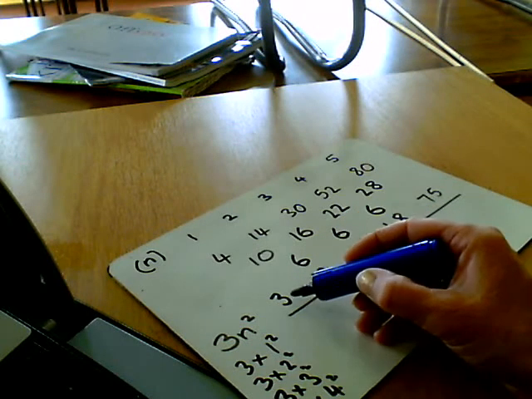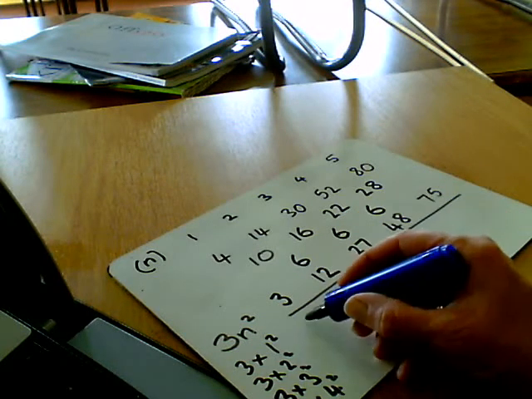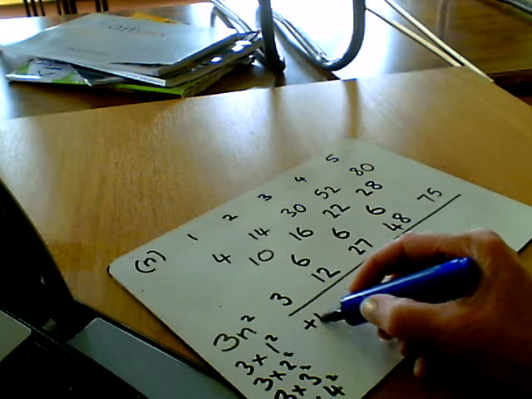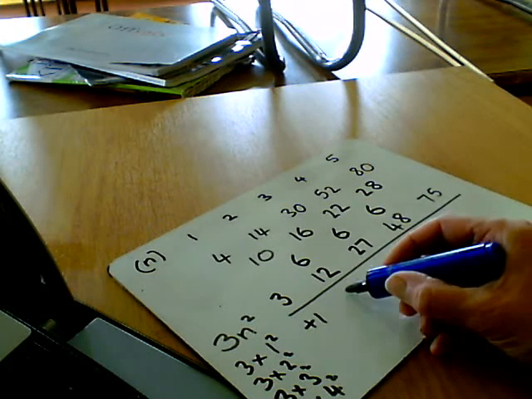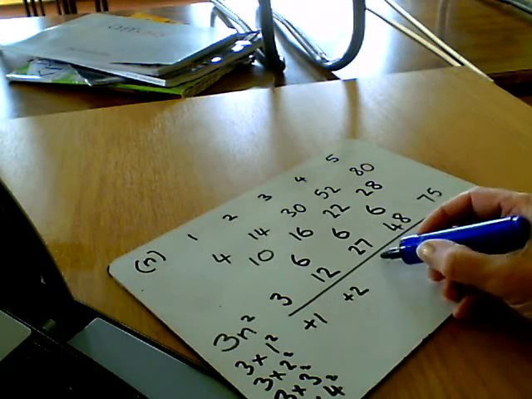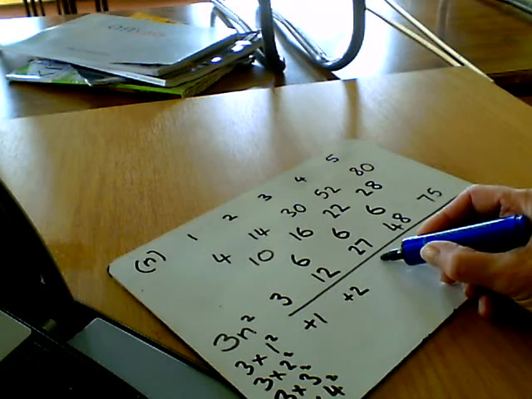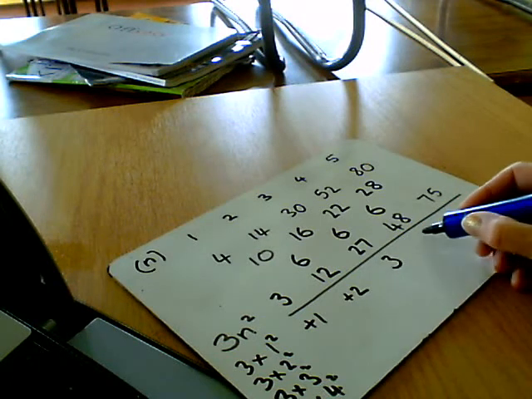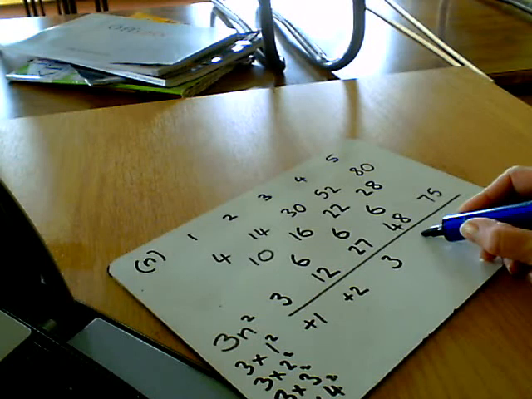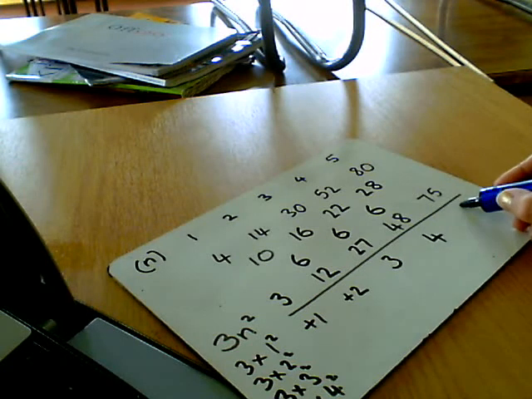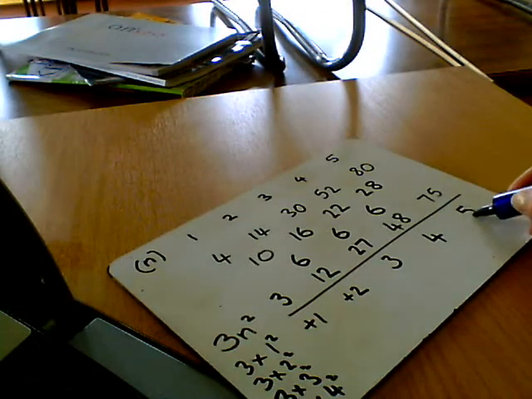Well, I can see that I have to add 1 to 3 to end up with 4. I have to add 2 to 12. I have to add 3 to 27 to equal 30, 4 to 48 to equal 52, and 5 to 75 to equal 80.